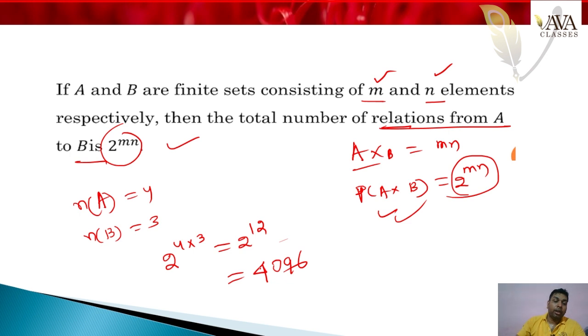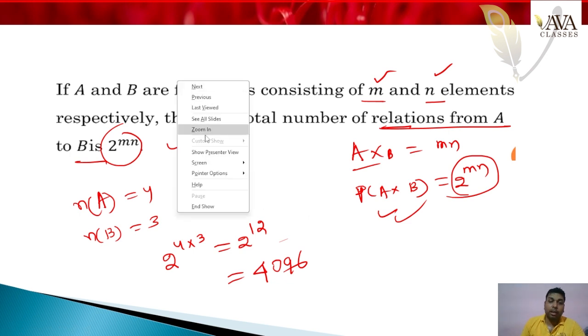Okay, so here we'll understand the relation in another way. Friends, suppose this is set A and this is set B. Suppose set A contains 1, 2, 3 and set B contains 2, 3, 4. Now, what is A into B?